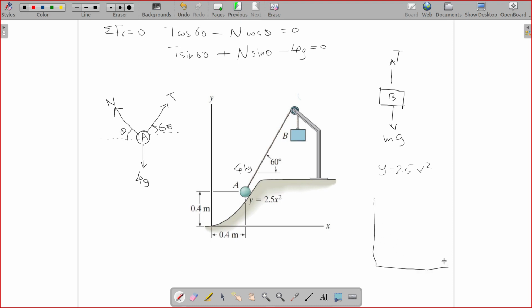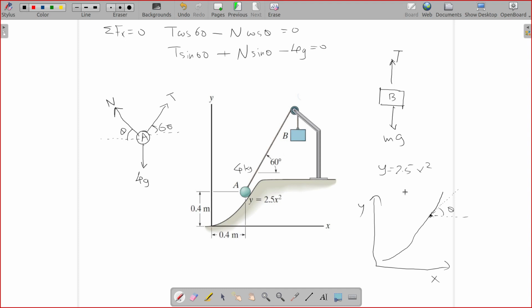Let's say this is the location of interest. I'm sorry about the drawing. It's okay. This one, the location of interest. This is the tangent to the curve at this point, and let's say this is angle alpha.